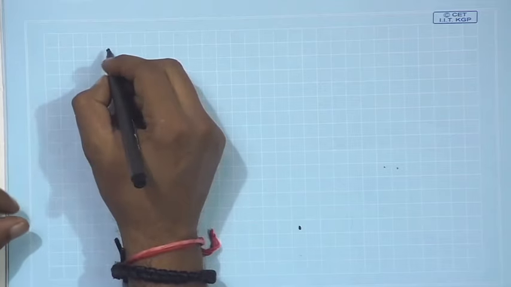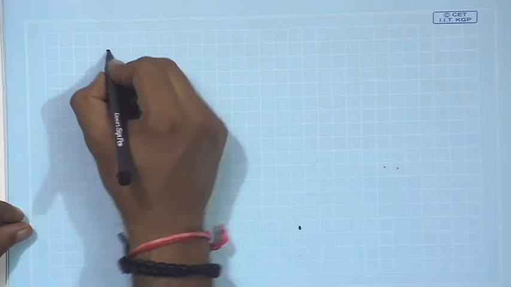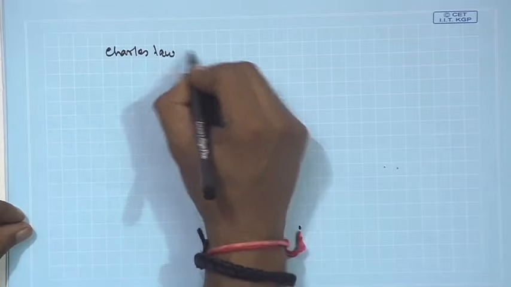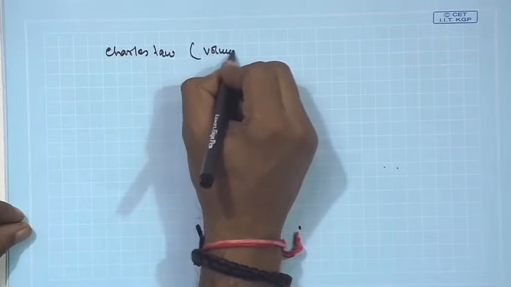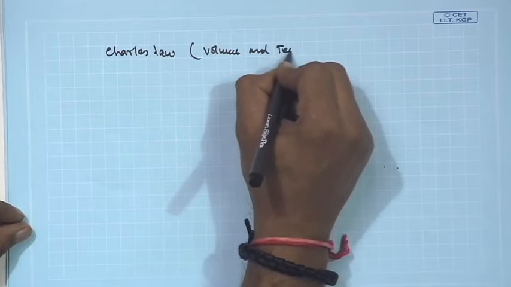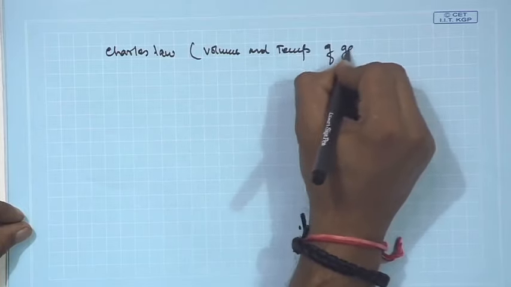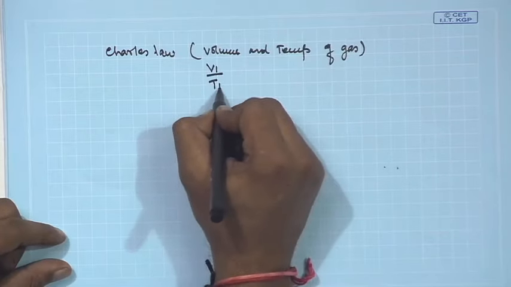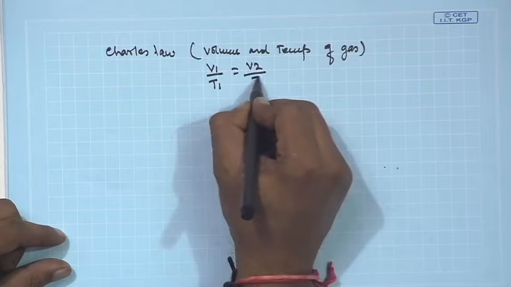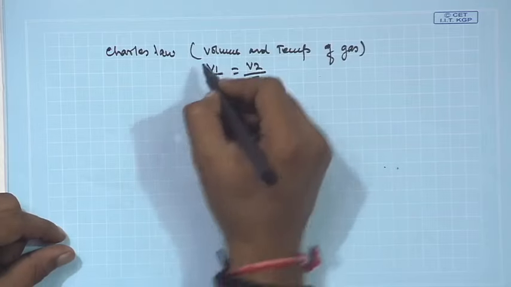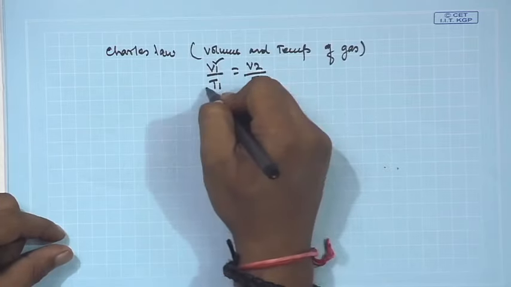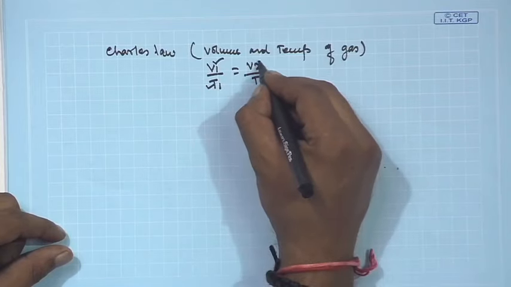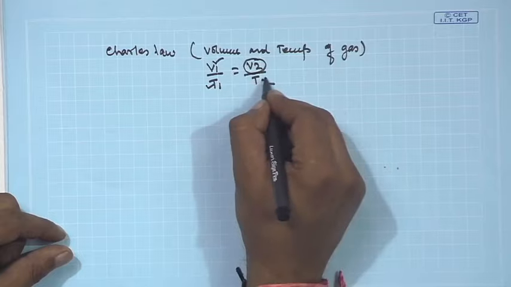The relationship between the volume and temperature of a gas is explained by Charles law: V1 by T1 equals V2 by T2. We know V1, which we just calculated, and the standard temperature. We have to find V2 at 30 degrees Celsius.